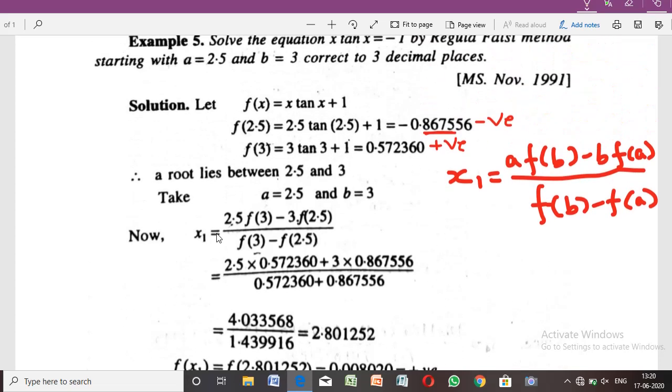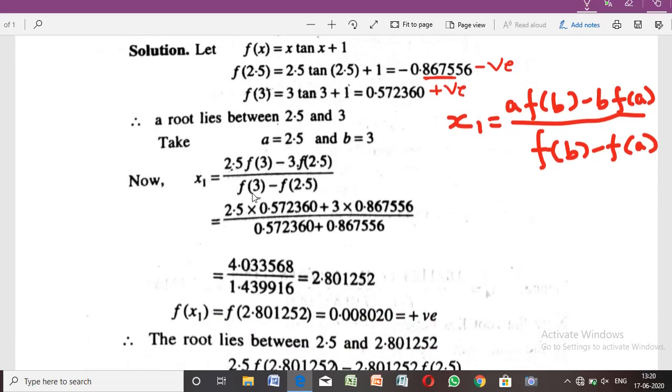Next, to find f of x1, the function f of x is x tan x plus 1. Put x equal to 2.801252, and we get f of x1 equal to 0.008020, a positive value.